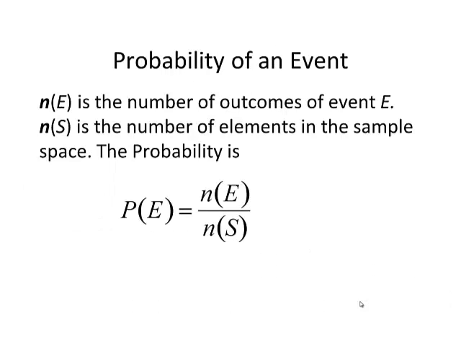Okay, probability of an event. The number of events divided by the number of elements in your sample space is the probability of that happening. So basically it's what you want divided by the total possibilities.